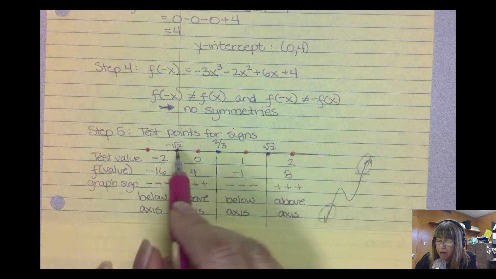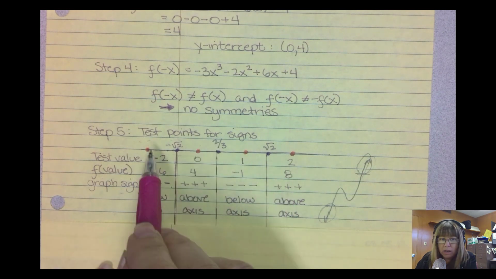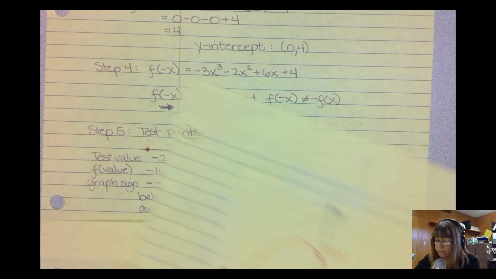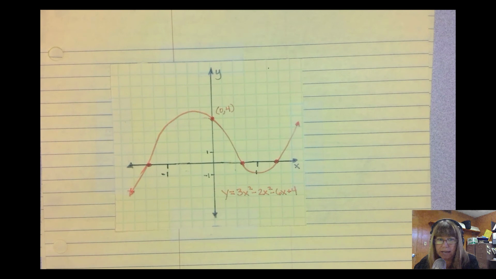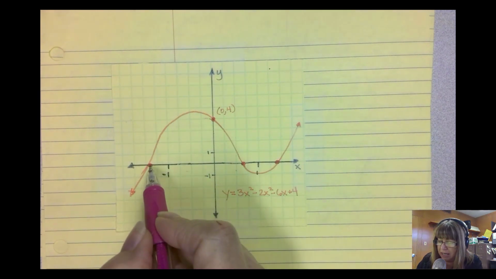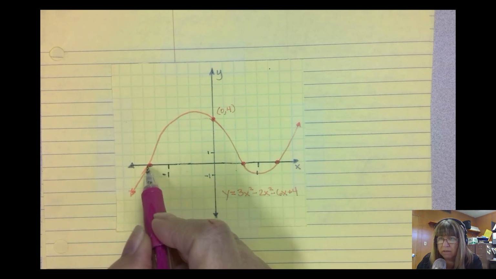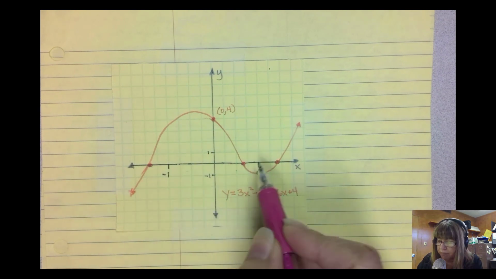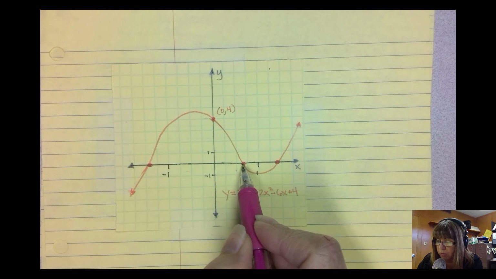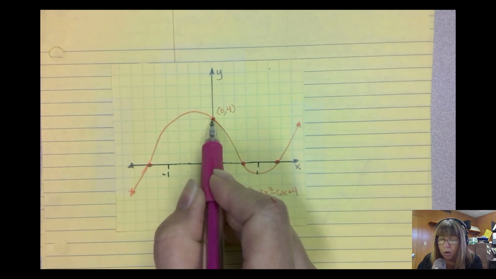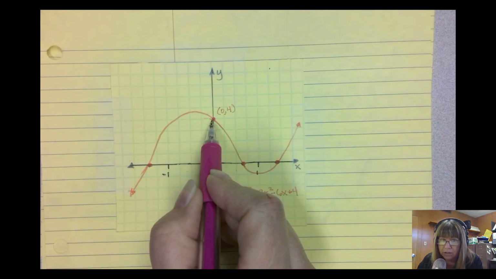The middle part is going to be helpful with what's going on with those points and the below and above axis. And once I graph it, here's what it looks like. I have the negative square root of 2, the positive square root of 2 is right here, and then the 2/3 is right here. So I have these 3 points, and I know my y-intercept.